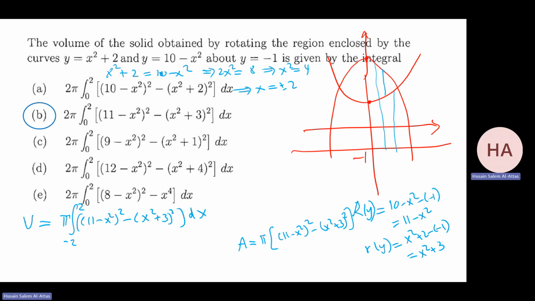Oh, be careful. These are even functions. So that will be 2 times the integral from 0 to 2 of the same function. Yeah, so sometimes you need to deal with such a case. So this is my answer.